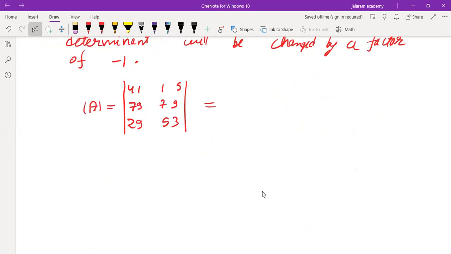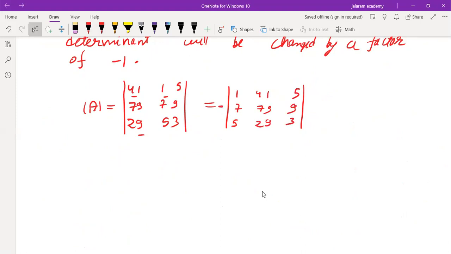If we interchange column 1 and column 2, means column 2 becomes column 1, 1, 7, 5. Column 1 becomes column 2, 4, 1, 7, 9, 2, 9. Then it will be multiplied by minus.